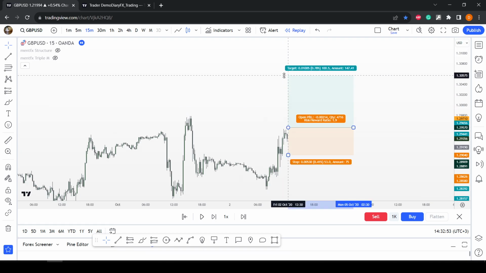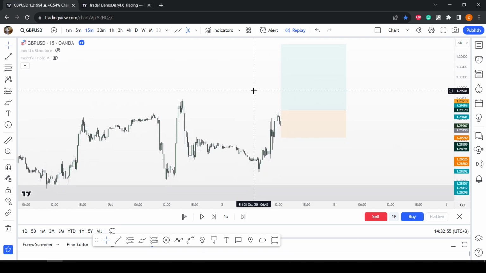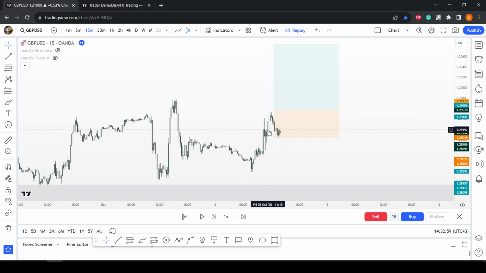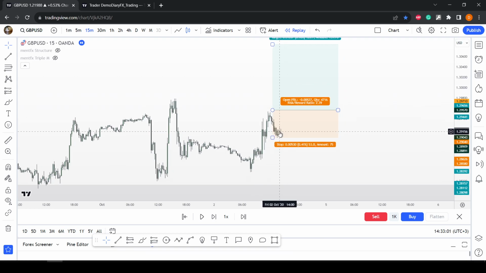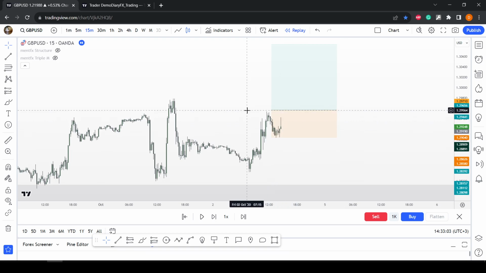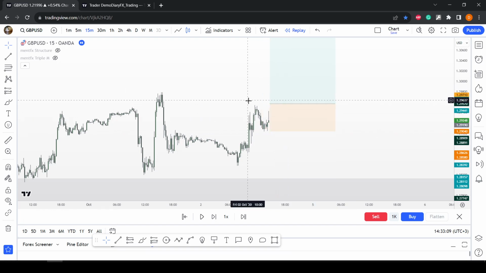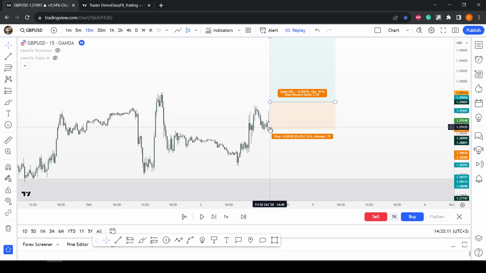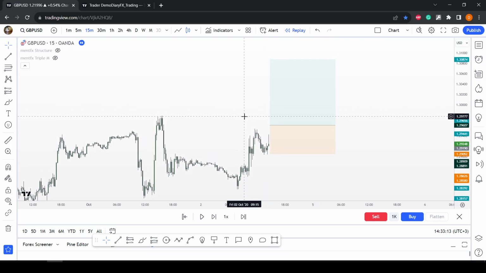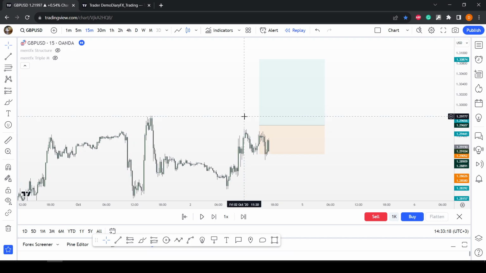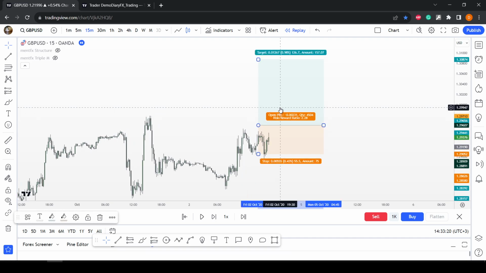Let's do like this. So again, if we enter from the zone, this already could be an entry, maybe here. But you see, it went up and now can stop us out. But what we are waiting for is this buy stop, which never happens yet.